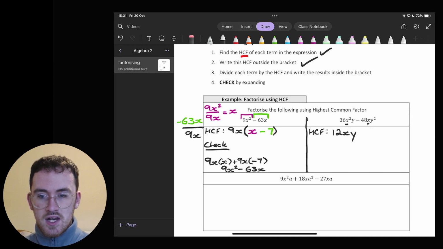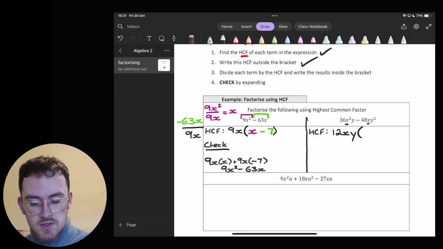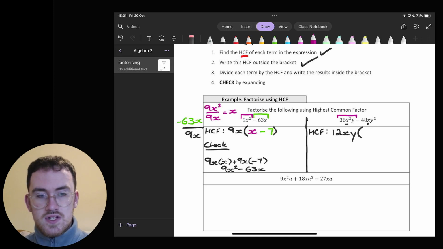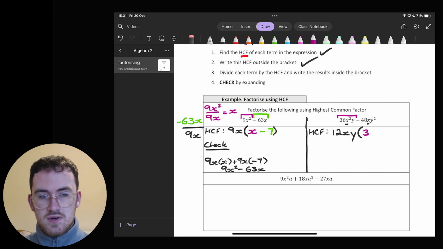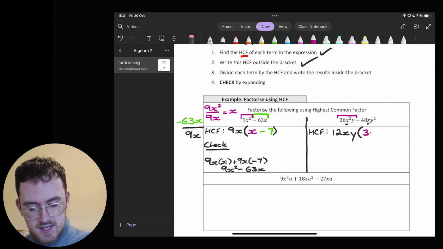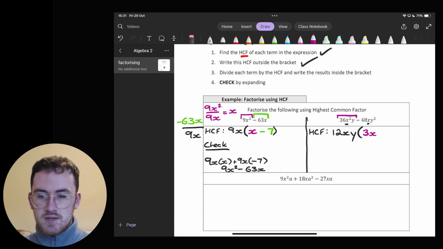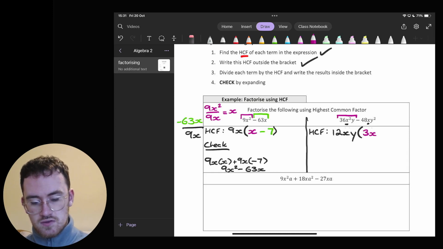So we have a larger factor this time, 12xy. Now we just have to double check that we're happy that that does divide into both parts. So 36x squared y divided by my highest common factor, 12xy. 36 divided by 12 gives me 3. The x squared divided by x gives me x. The y divided by y means that the y's are done.